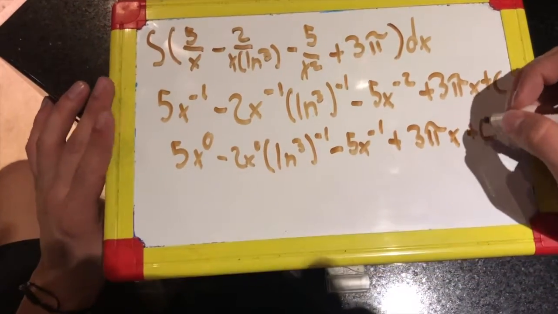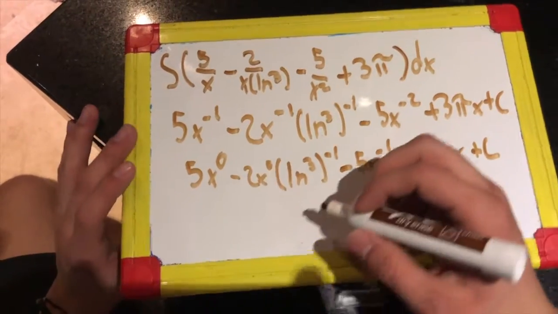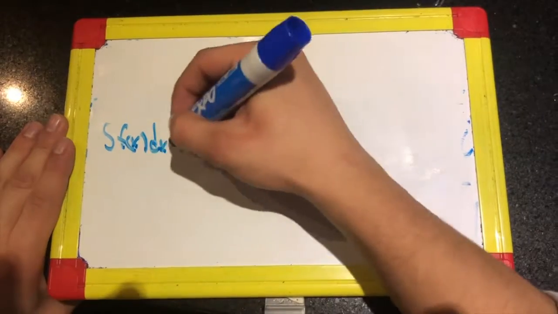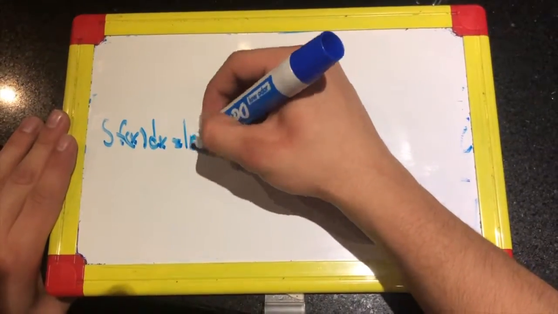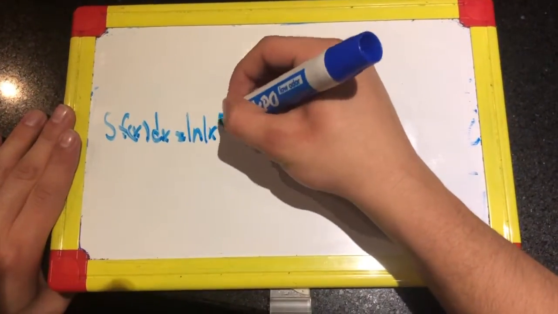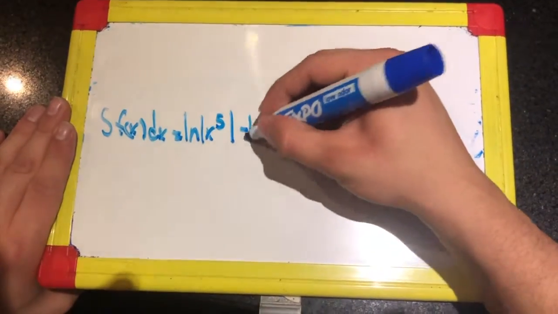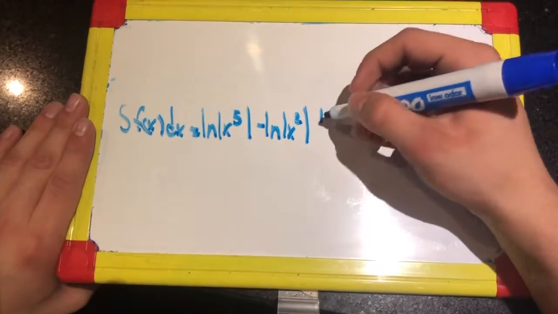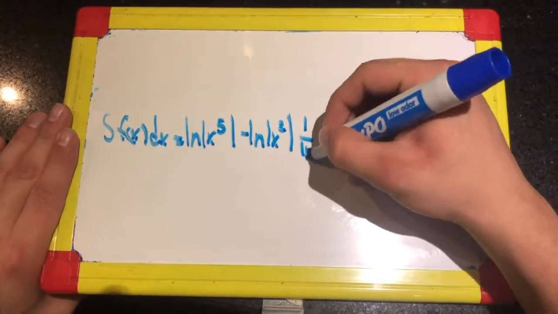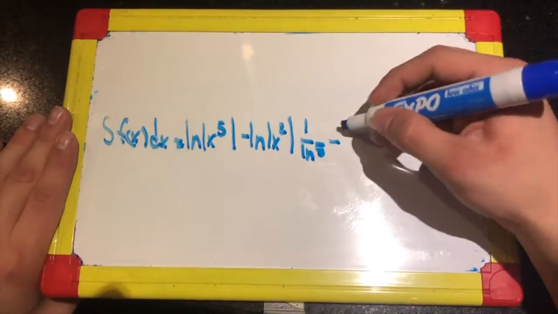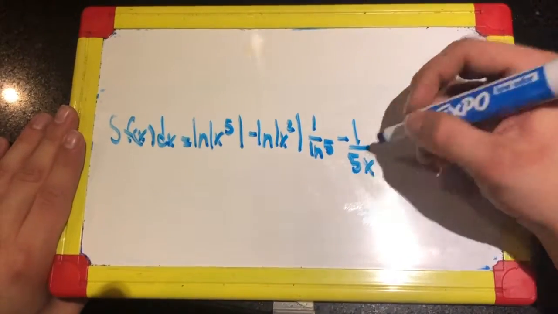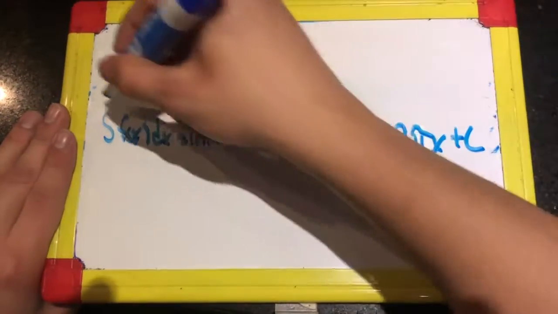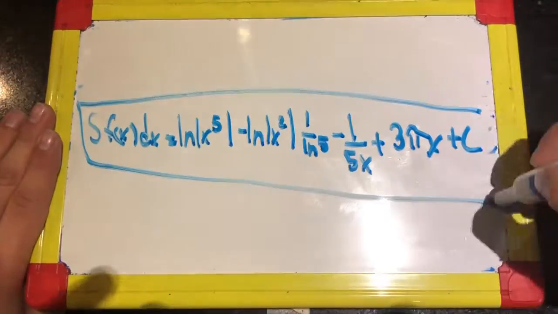That stays the same, plus c. 3 pi x plus c. 5x dx equals ln absolute value of x to the 5th minus ln absolute value of x cubed, 1 over ln to the 5th minus 1 over 5x plus 3 pi x plus c.